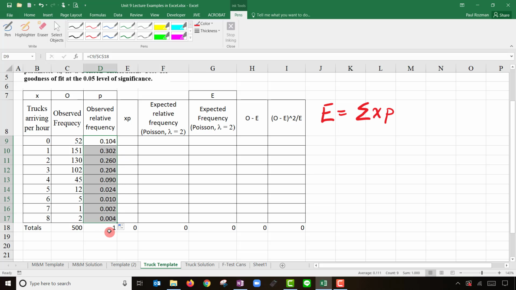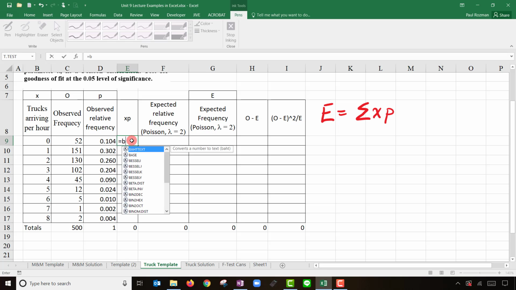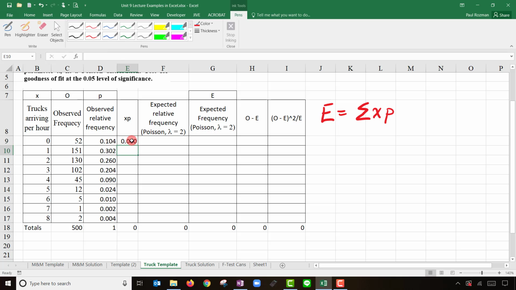It's equaling 100%. Now to calculate the expected value, I take the outcome times its probability. So 0 trucks times 10%. That's X times P. So B9 times D9. And I do that for all of them.